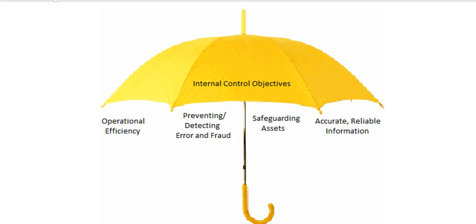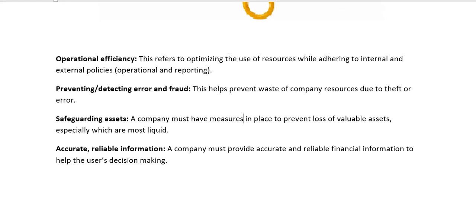There are four major objectives underneath the umbrella: operational efficiency, preventing or detecting error and fraud, safeguarding assets, and accurate, reliable information. Let's talk about all of these things here.